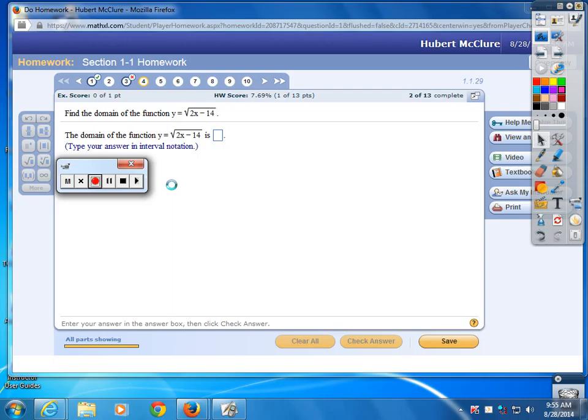A radical function or a complex rational. A radical or a rational. Rational means fraction. A radical means this guy. So what do you do? You set the radicand equal to what? What did I tell you to do with the radical?